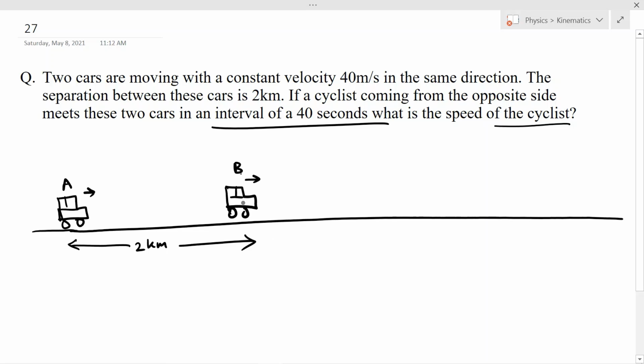Let's say at this point, suppose the cyclist meets the car B. From this point we will start our measurement, that is t equal to 0 at this point.